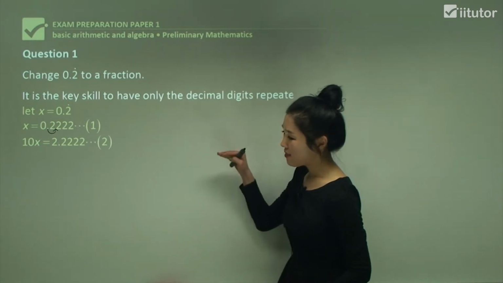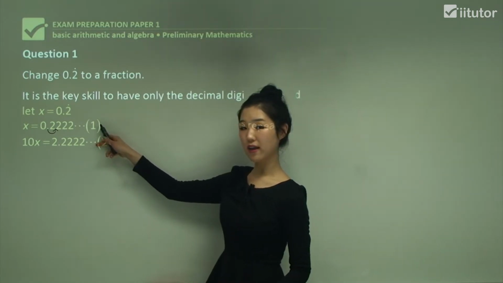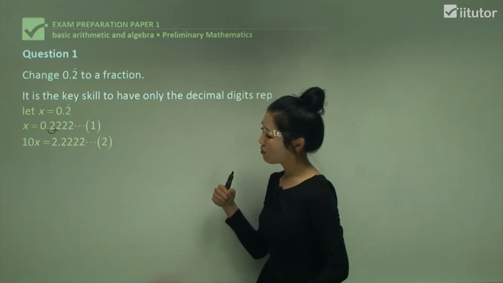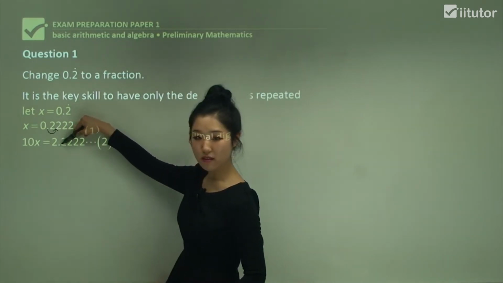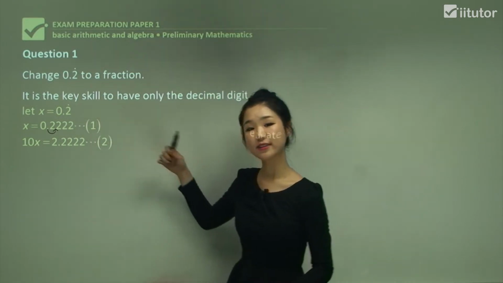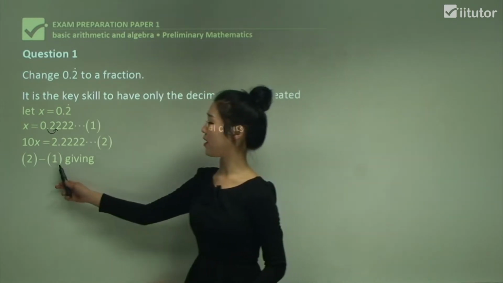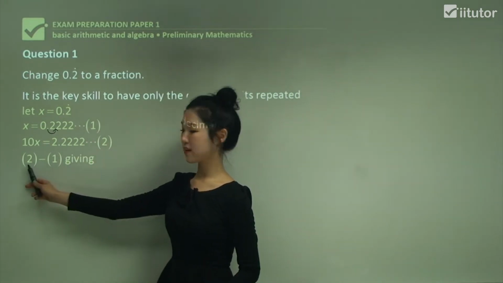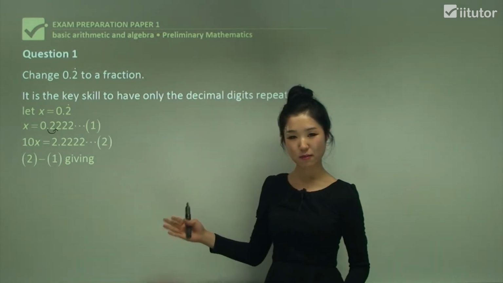So now what can you see? Can you compare these two equations? I labeled this one equation 2, and this is equation 1. Can you see that after the decimal point, they both have 22222? That's common, isn't it? So if I subtract the first equation from the second equation, can you think that the 2's will eliminate?